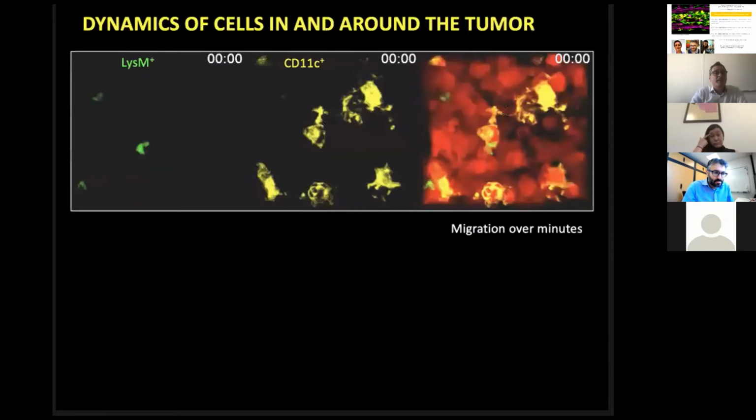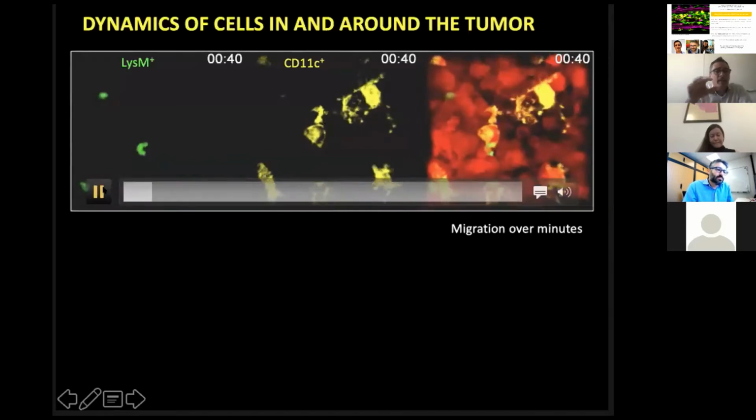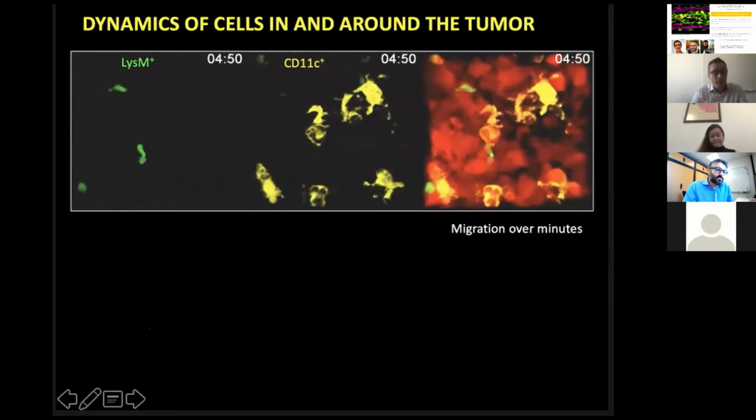Of course, this accumulation of cells is based on migration of cells, and everything is not static as it could appear from a still image or a projection, as I showed previously.